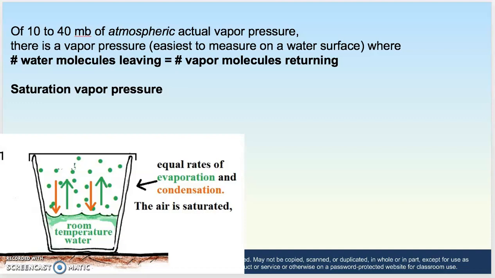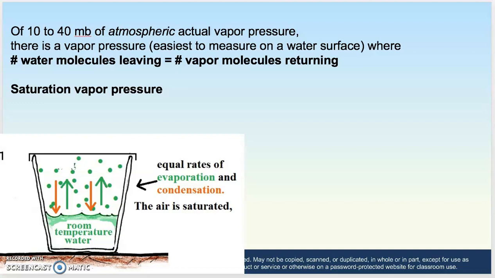There is a second type of water vapor pressure, and it's a more specific type of water vapor pressure. In fact, of the 10 to 40 millibars of atmospheric actual vapor pressure, there is a vapor pressure measurement, and it's easiest to measure this on a water surface. So a water surface is part of the atmosphere, but it's a very specific part of the atmosphere.